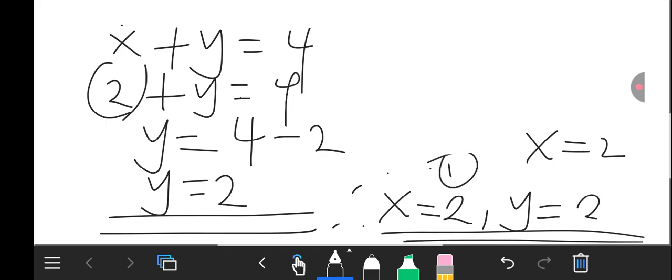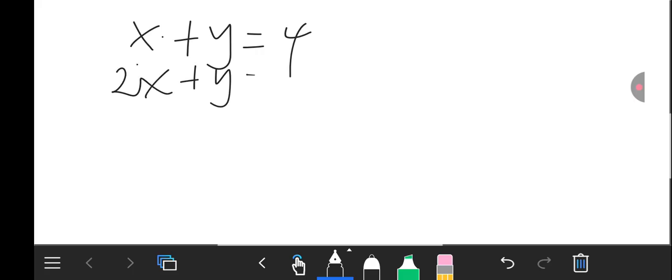So that's how you solve simultaneous equations. We used just one method, which is elimination. Now let's use substitution. I'll use the same question. X plus y is equal to 4, then 2x plus y is equal to 6.